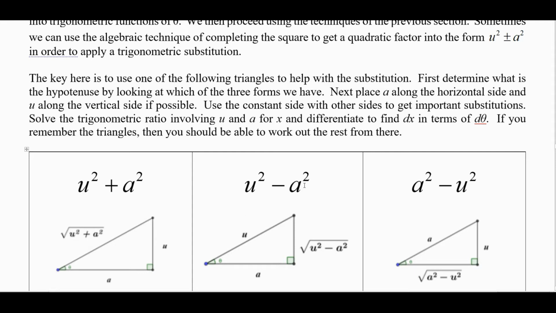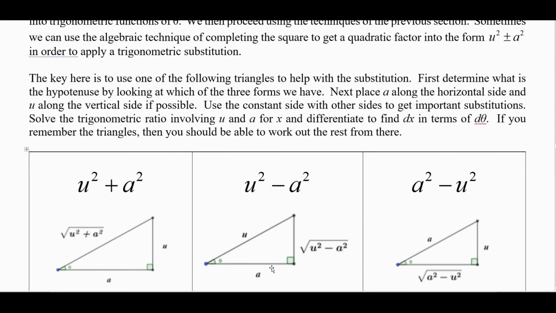Now, if you have u squared minus a squared, then the u, the one that's the positive term here, has to be the hypotenuse. And then the square root of this is going to be one of the legs. A is going to be one of the legs. Remember, if we have a constant a, when we have a choice, we put it down here on the bottom.